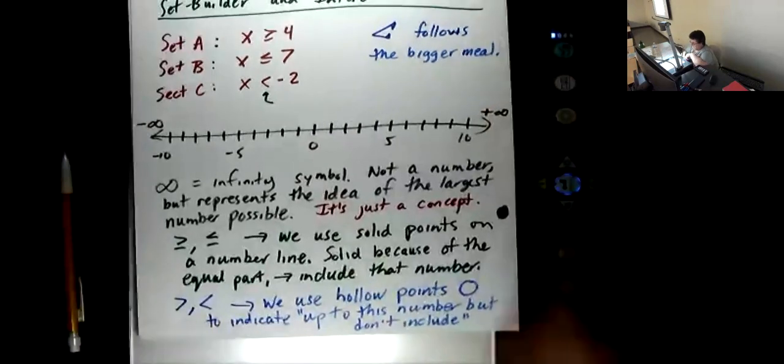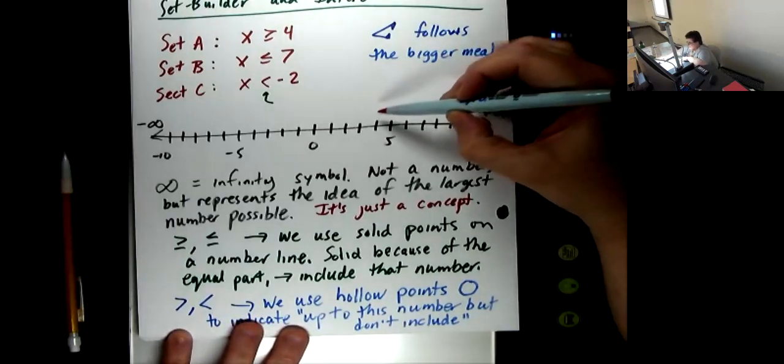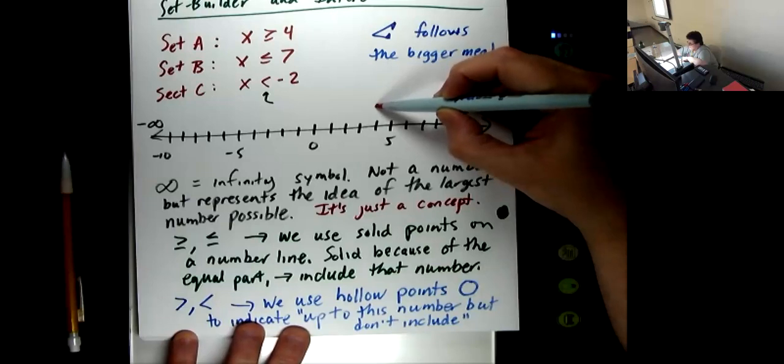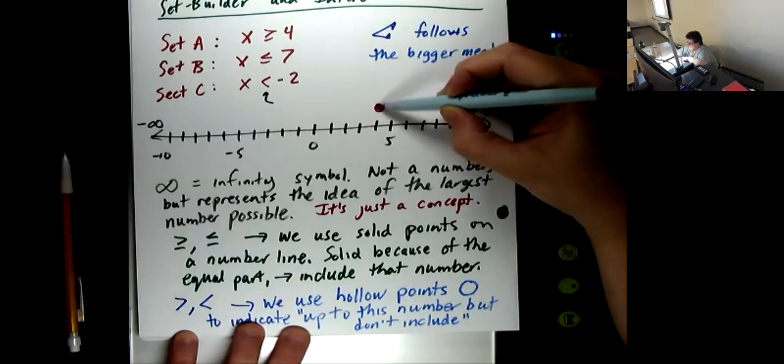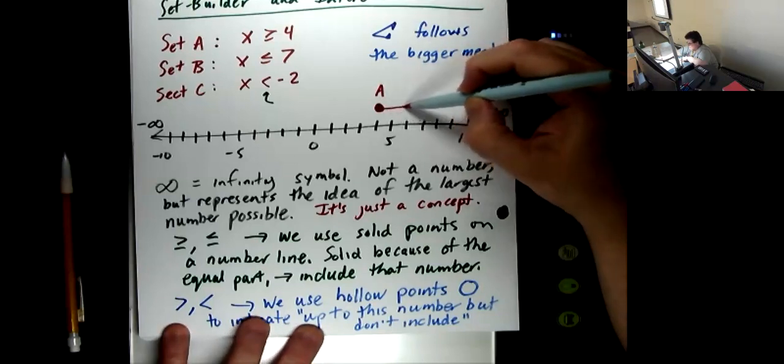So, with that in mind, set A: numbers that are greater than or equal to 4. So 5 is a number greater than 4, 10 is a number greater than 4. What we do is we put a circle on 4 and we fill it in. This is for set A. And we want all numbers larger than it.